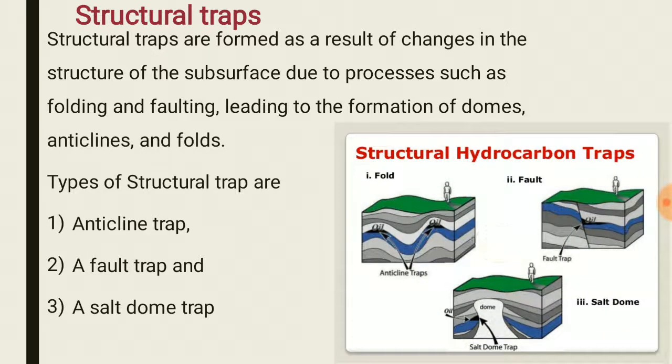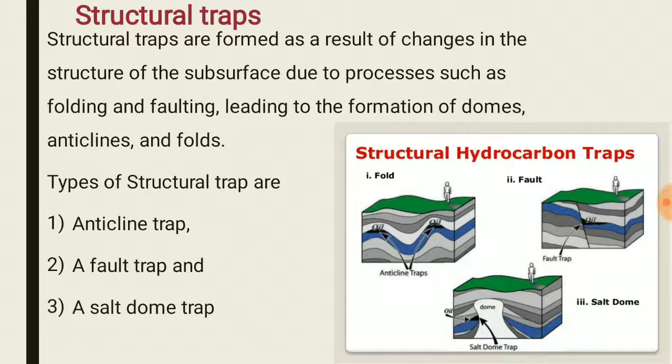So as you can see here, in the structural hydrocarbon traps, we have the anticline trap here. Also we have the fault trap, and we have the salt dome. So you can see we have oil, and in the salt dome, all these are structural traps.